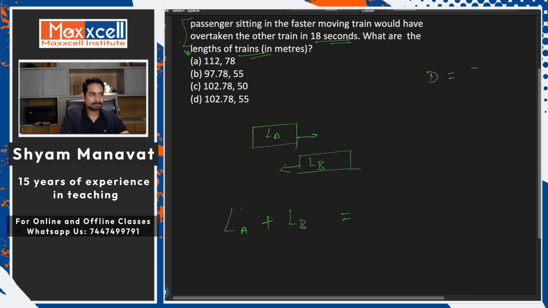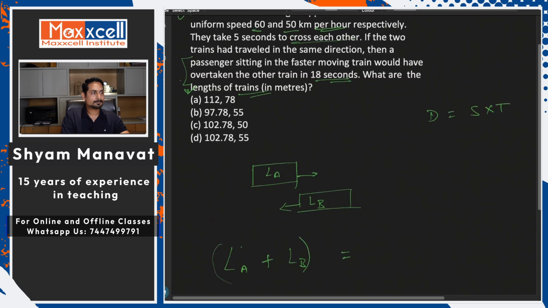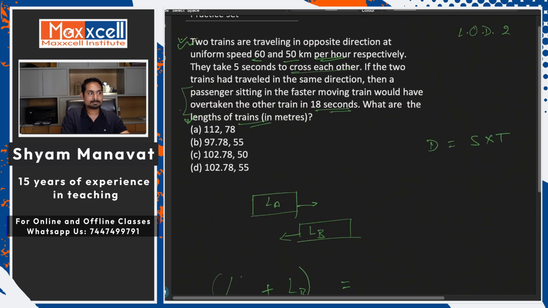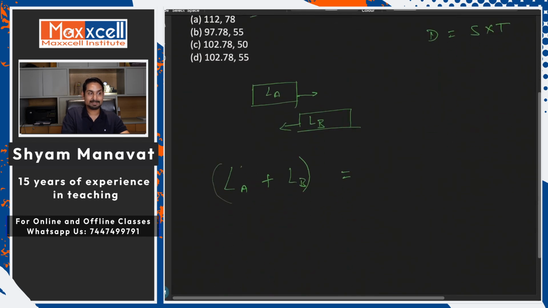Distance is equal to speed into time. So this is the distance for me. The speeds are 50 kilometers per hour and 60 kilometers per hour. If they are moving in the opposite direction with speeds of x and y, the relative speed should be x plus y.